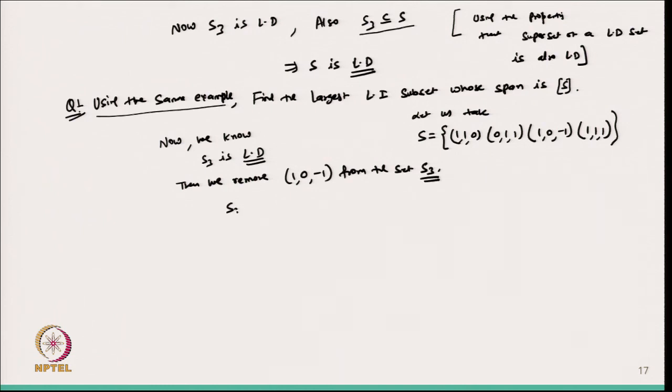So, S3 was 1 1 0, 0 1 1, and 1 0 minus 1. What I am going to do is just remove this one.